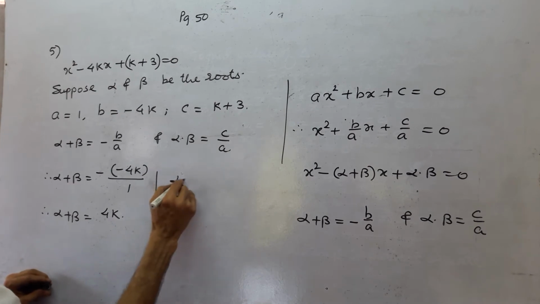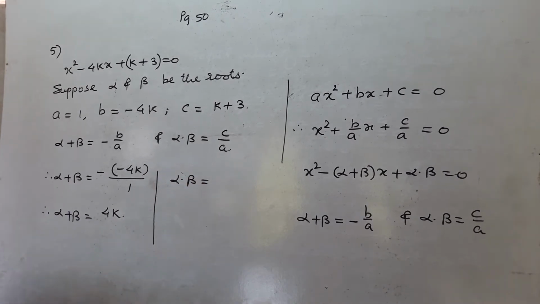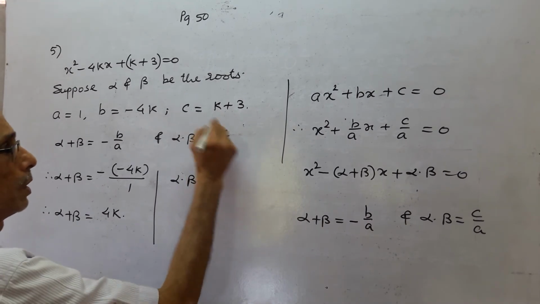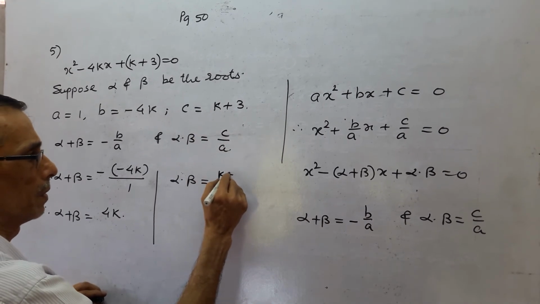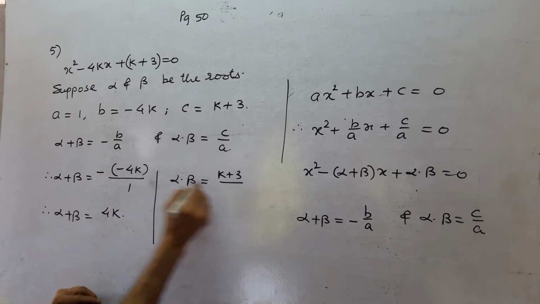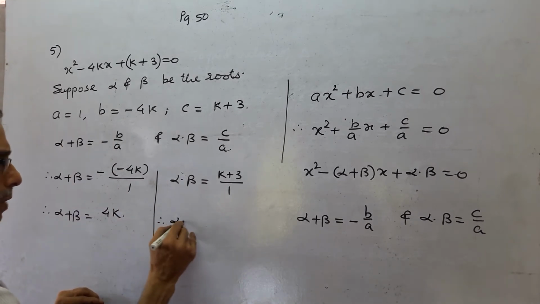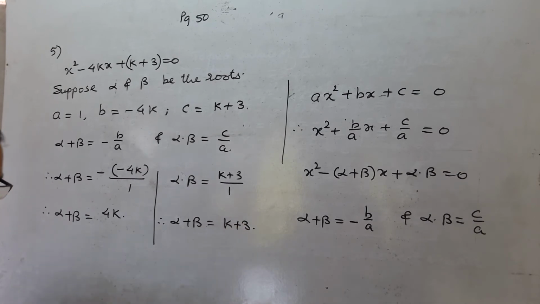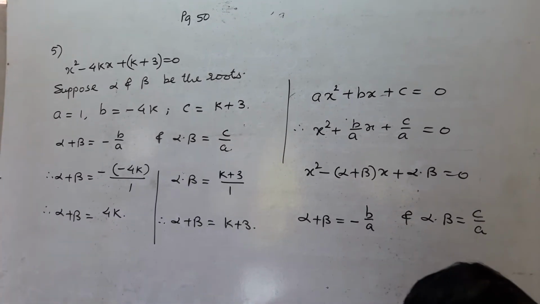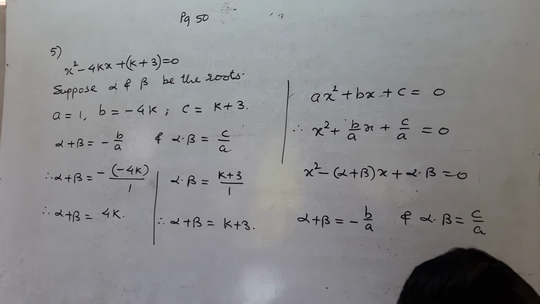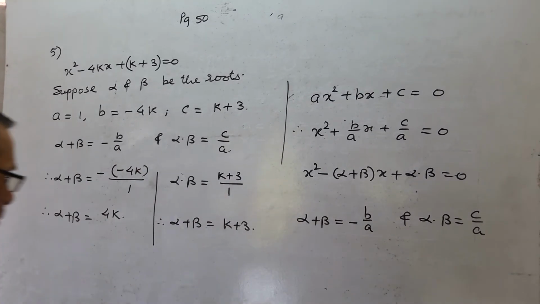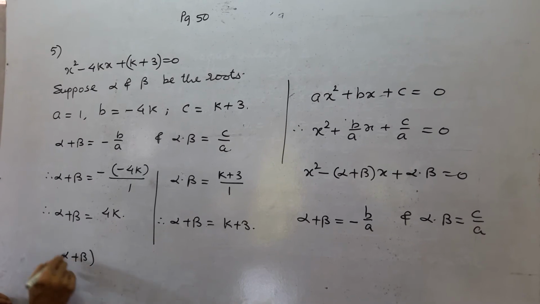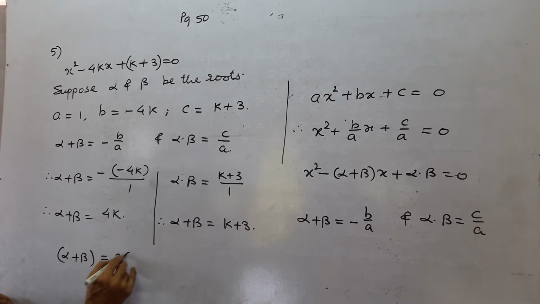Now alpha into beta. Now alpha into beta is c upon a, but c is k plus 3, upon a is 1, and therefore alpha into beta is equal to k plus 3. Now the condition is given that sum of the roots is double of their product. So sum alpha plus beta is double of the product.